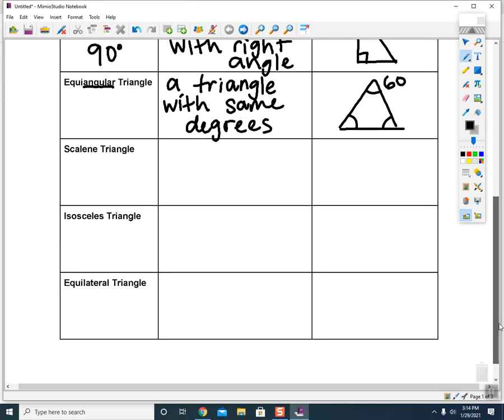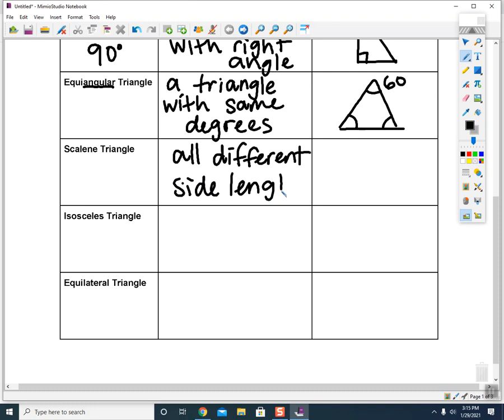Okay? Then I have a scalene triangle. The scalene triangle has all different sides. All different side lengths. So none of them are the same. So whatever that looks like, right? It's not a very good triangle, but you know what I mean. Okay? All different side lengths.